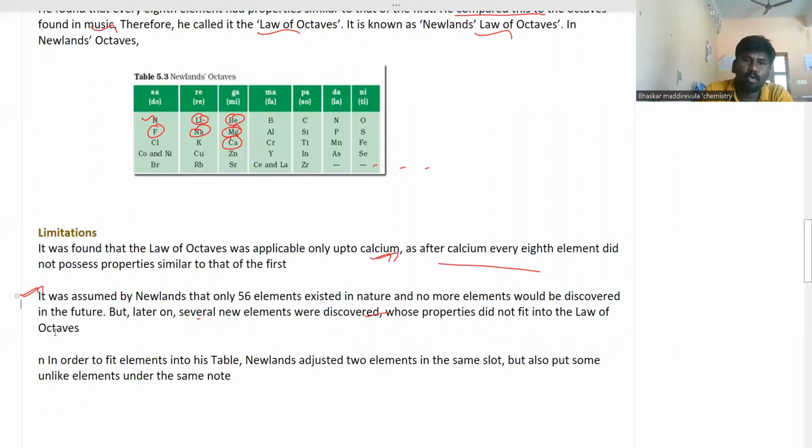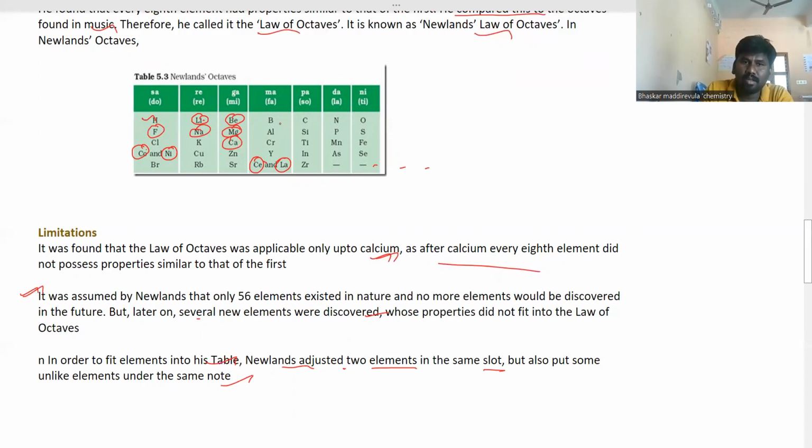Next, in order to fit the elements in his table, Newlands adjusted 2 elements in the same slot. You see here, he adjusted 2 elements in the same slot: cobalt and nickel, and cerium and lanthanum. And that too he put unlike elements under the same note.